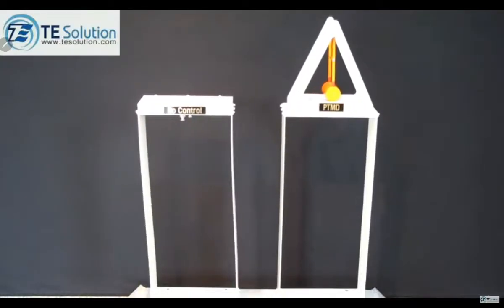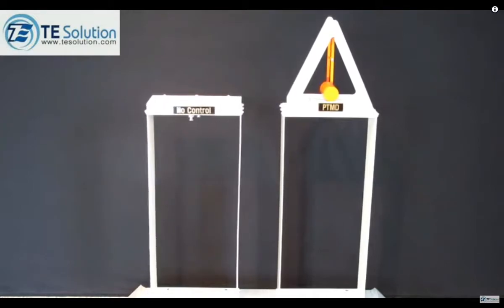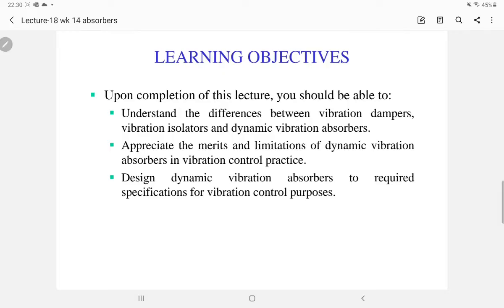You can actually see the pendulum is used to dampen the vibration on the right hand side. Alright, so that is one of the things that we're going to take a look at: how we actually model vibration absorbers. And it is slightly different than the isolators.